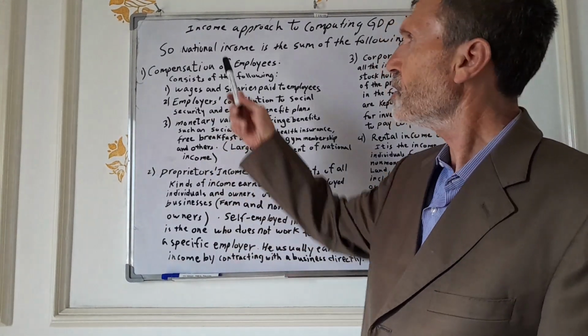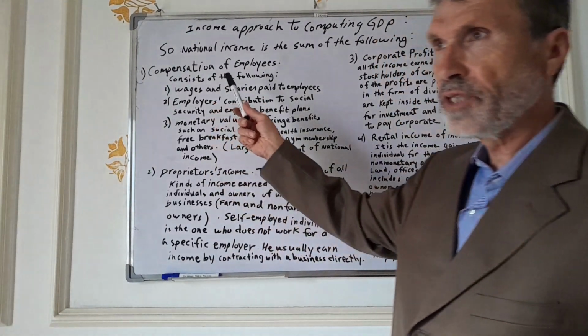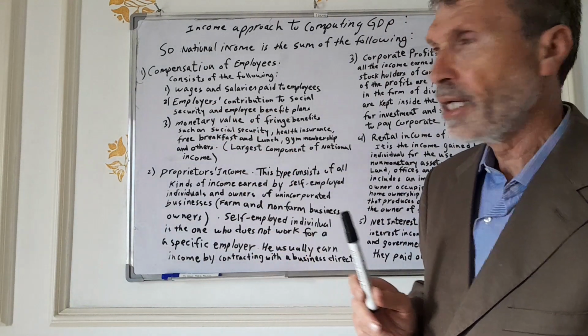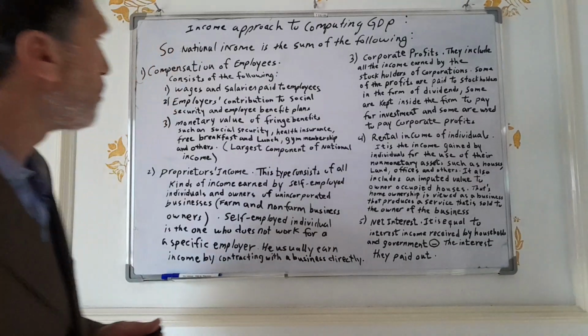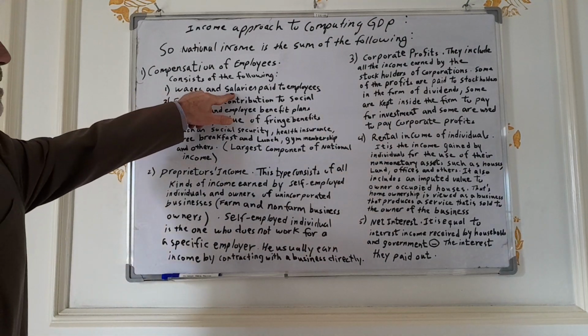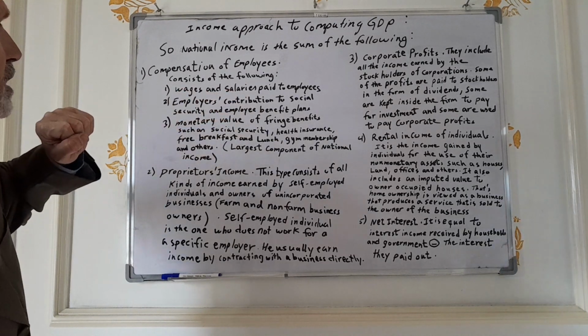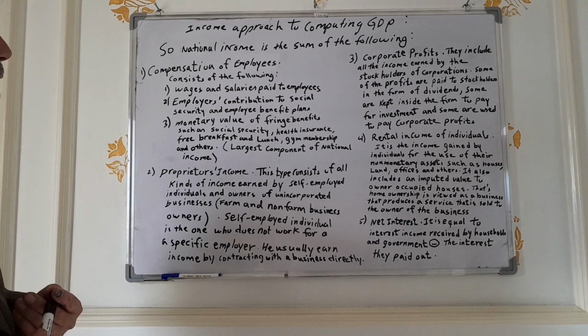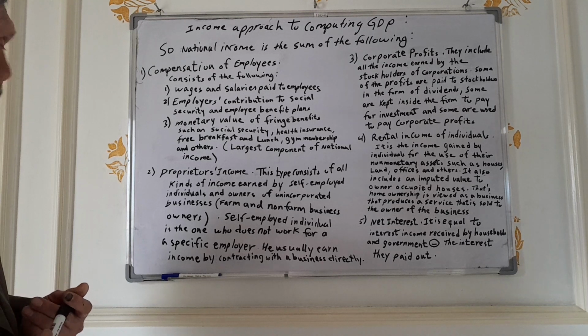Now we explain the components of national income. As you can see, national income consists of these 5 components. Let's explain these 5 components. Compensation of employees first consists of wages and salaries paid to employees. Second, it consists of employers' contribution to Social Security and employee benefit plans.